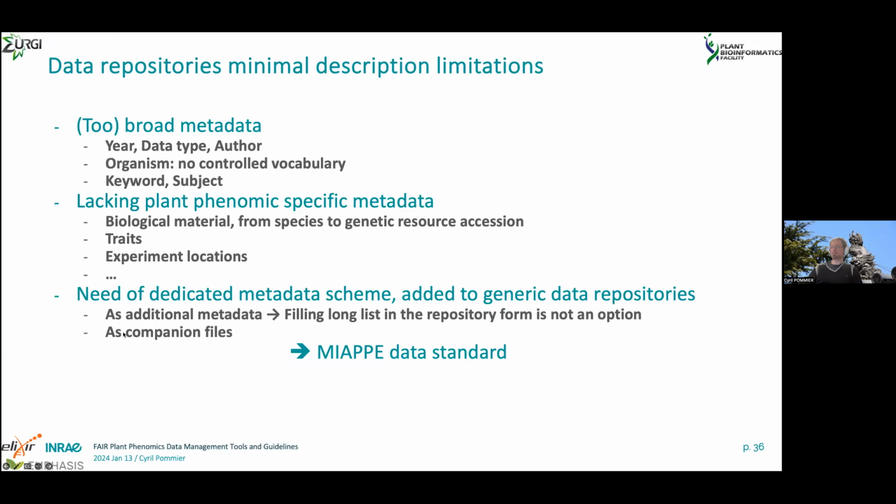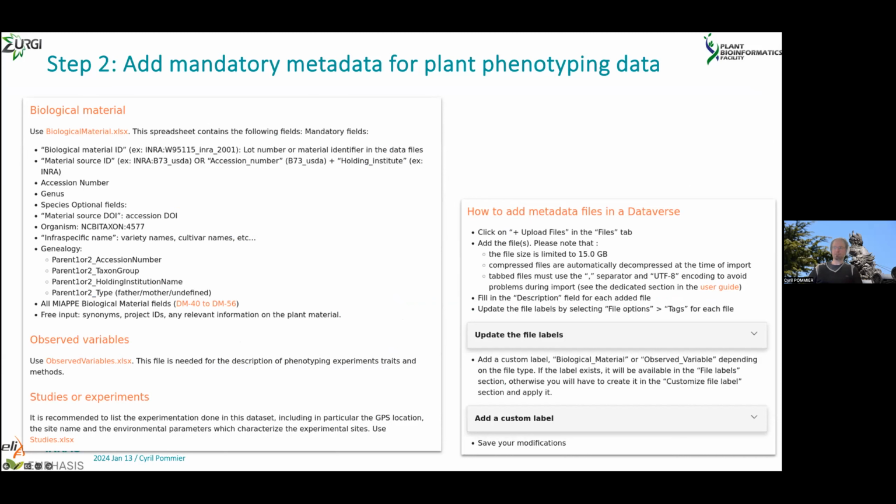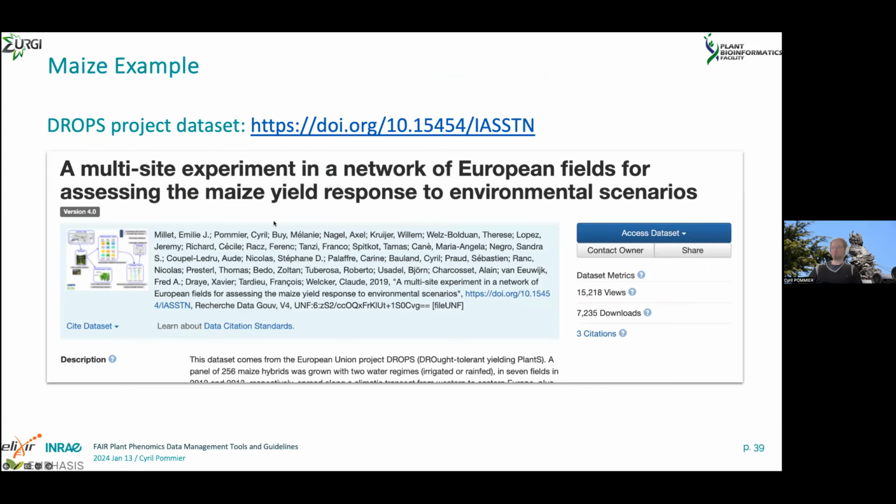So the way to store this in Dataverse is to use templates coming from MIAPPE, biological material, observed variable, adding those lists of fields to correctly identify your material, and simply submit them alongside the data files.